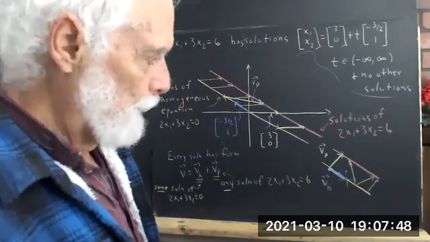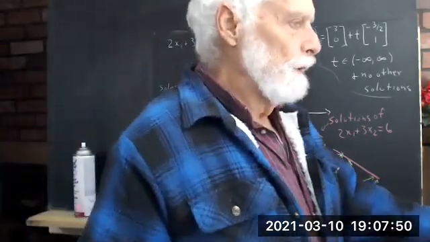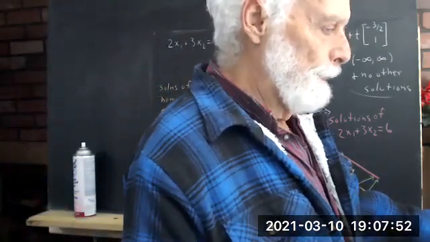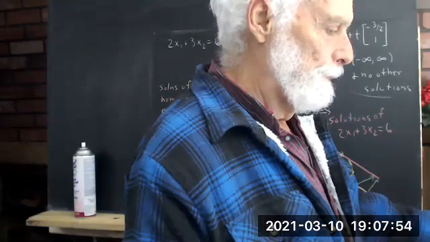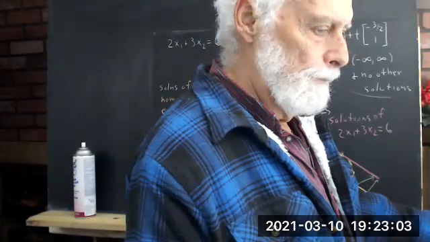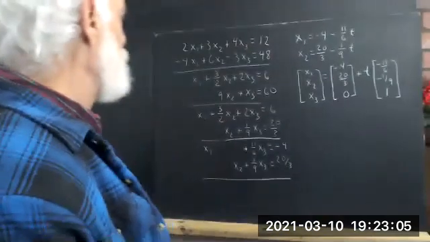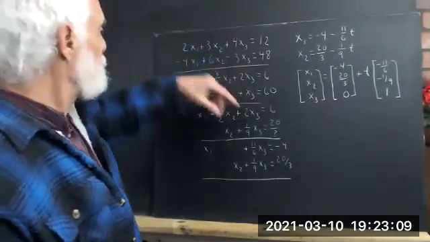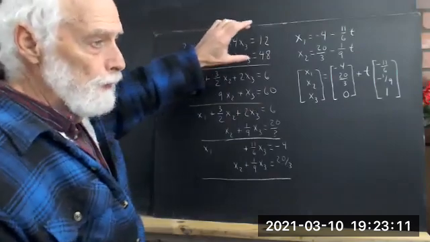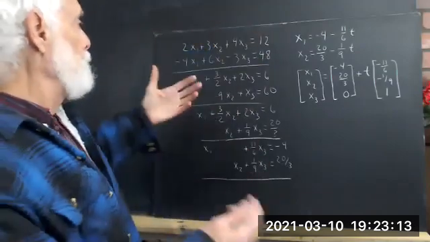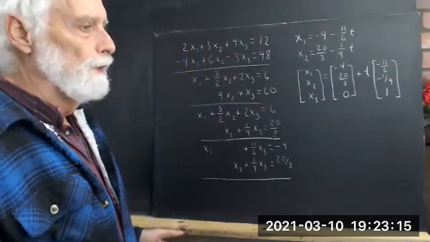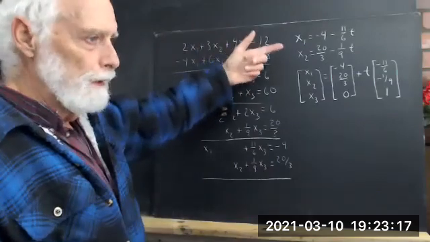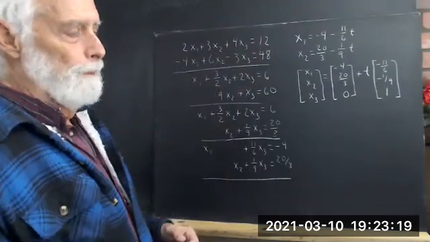Now you might chew on that a little bit, but we're going to look at this in higher dimensions. Okay, now let's take a system of two equations in x1, x2, and x3. So each of these equations is going to represent a plane in 3 dimensions.